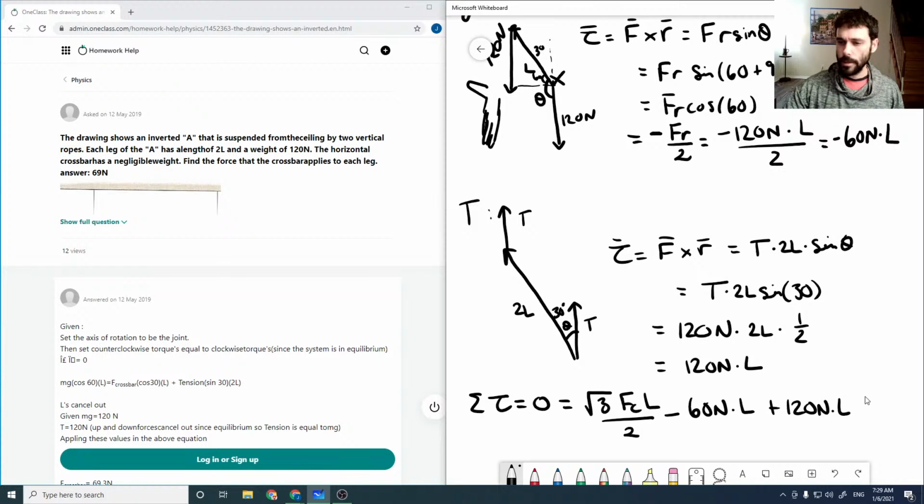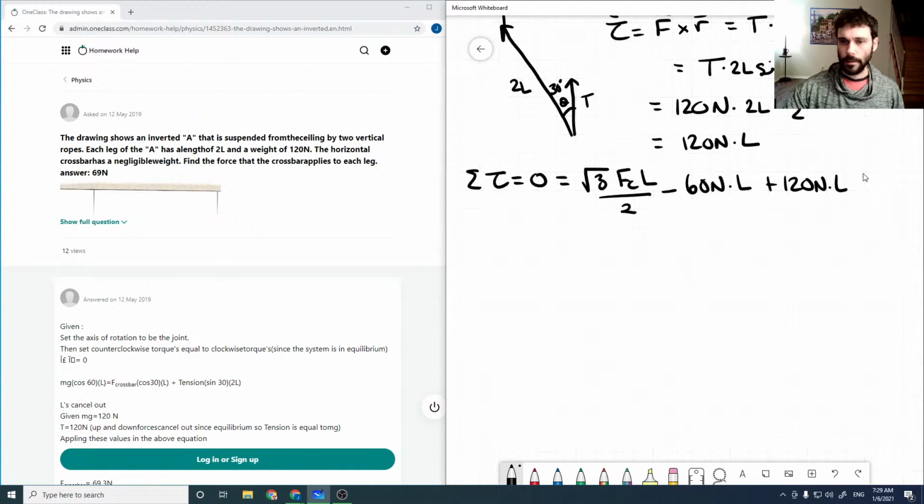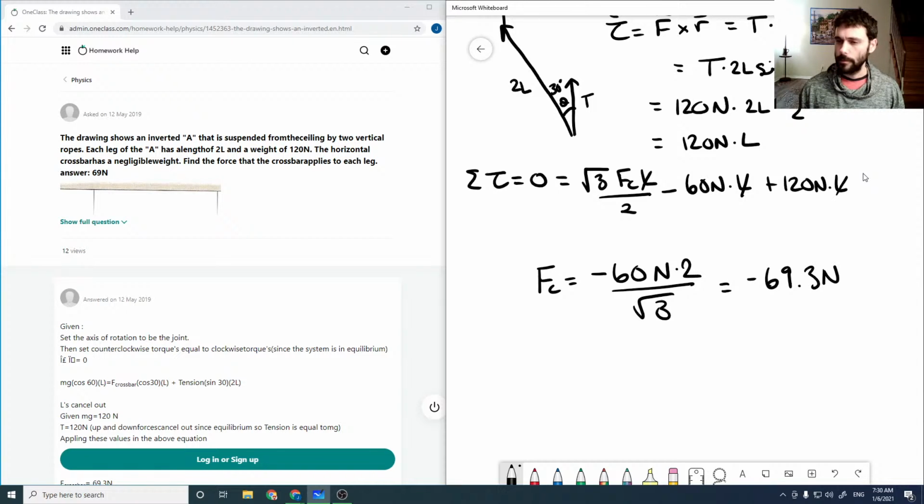Now rearranging and collecting terms, we can cancel all our L's here. FC is minus 60 newtons times 2 over root 3, which comes out to be minus 69.3 newtons.